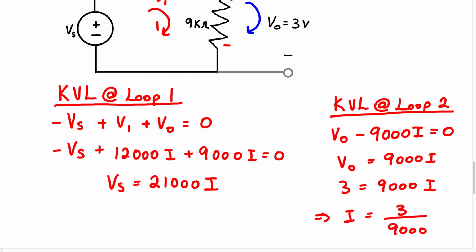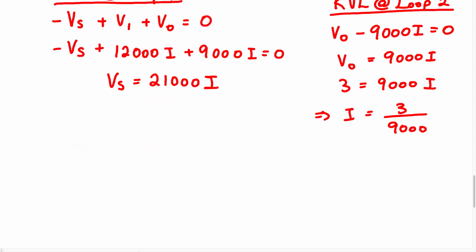When you put that in the calculator, you're going to get a recurring decimal. Therefore, we can say I equals 0.333 milliamp.